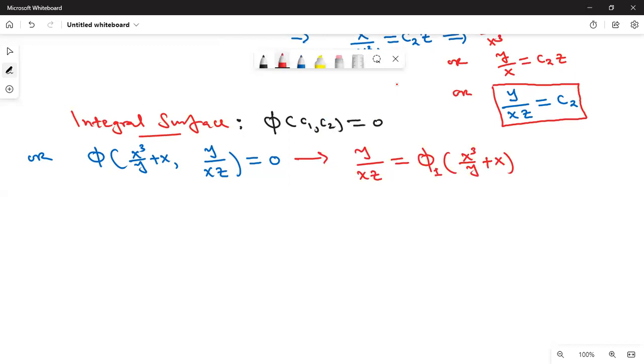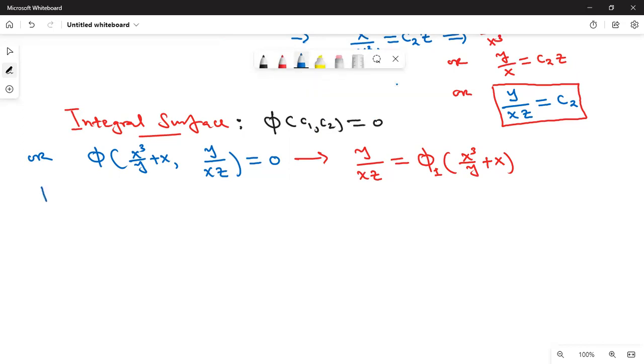But remember, there are some constraints that we have to apply to our surface. We are told the surface passes through the parabola X is equal to 1 and Z is equal to Y squared plus Y.